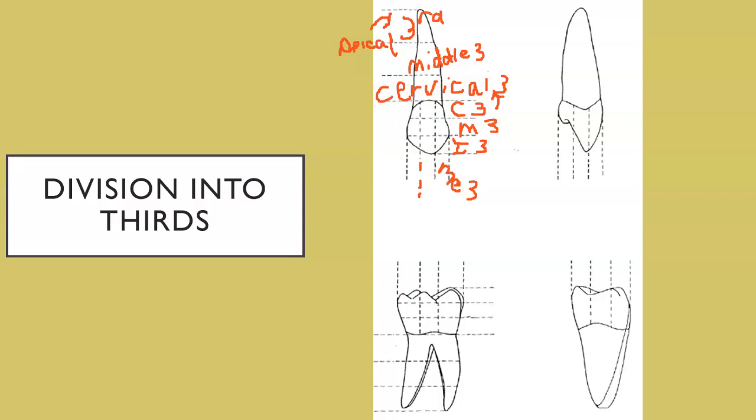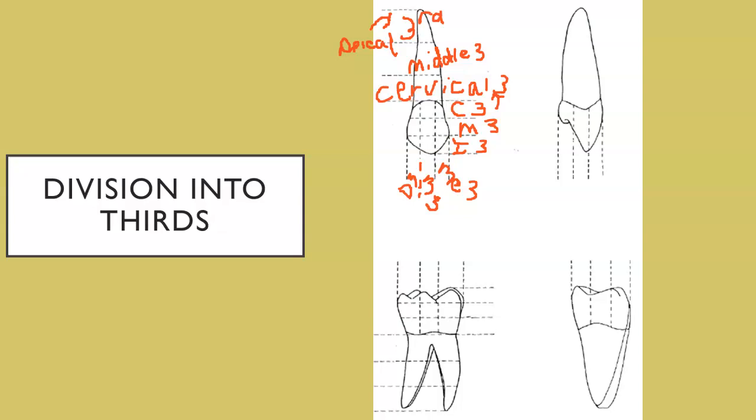So this middle section here would be the middle third. Not supposed to be M for middle. And then if this was the mesial here, then this is going to be the distal third. So that's looking at it from the facial view.